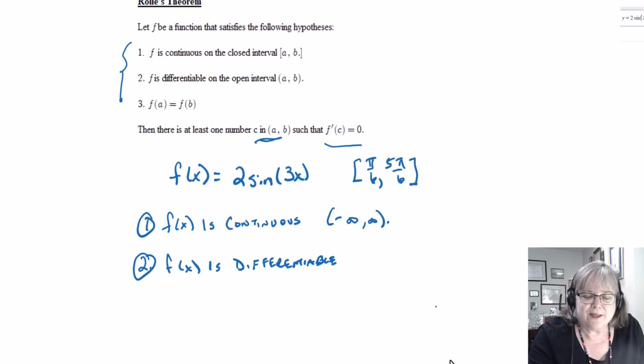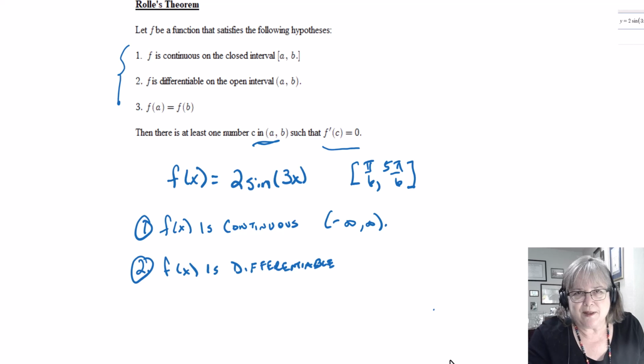Now, it's continuous. Okay, so let me back up to the one I just did. It's continuous on negative infinity to infinity, which includes this given stated interval. I would have accepted that because it includes that interval, like I just said. Some teachers may not, so you may need to be absolutely sure.